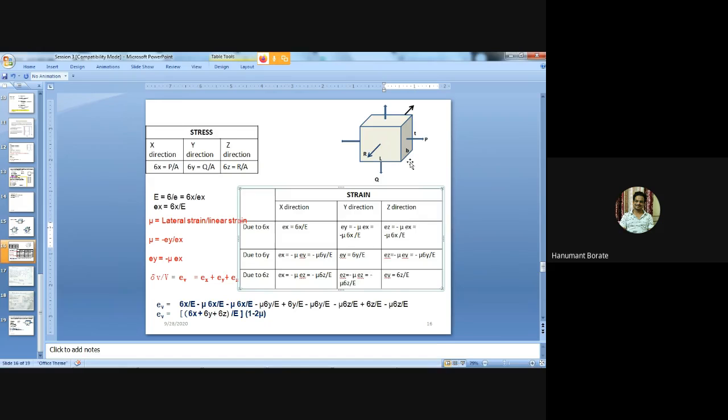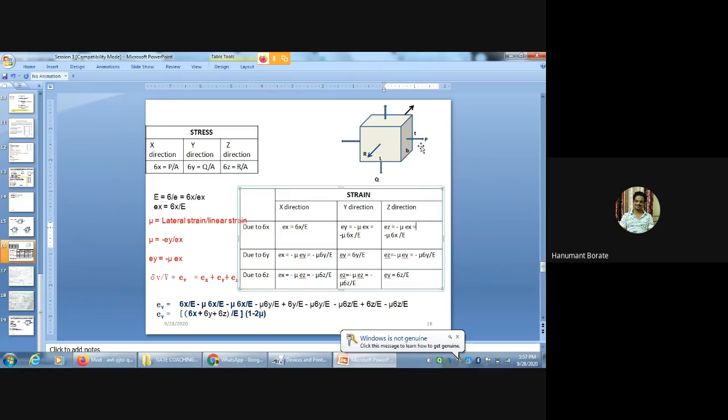But whenever we apply the force in the z direction, the thickness is going to change, and there will be a decrease in thickness, and at the same time a decrease in length also. So in the thickness direction we will get lateral strain, and in the length direction we will also get lateral strain.